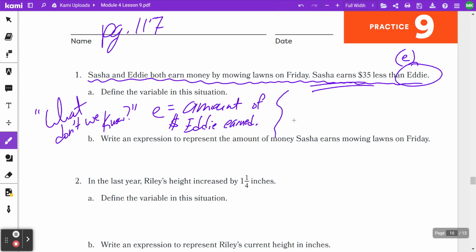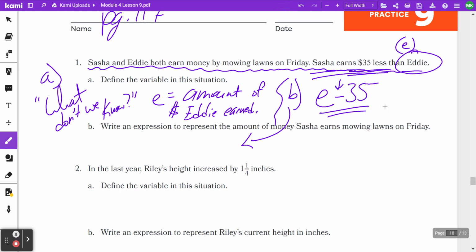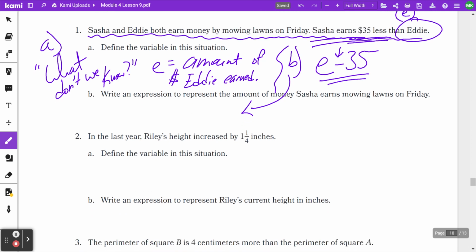And now we can actually cruise on over to the expression part. So I'd like to put a little a for this area, a little b for this area. But actually, the b belongs down there because they're going to ask that. So what am I going to then do to e? Am I going to add? Am I going to subtract? Well, if Sasha earns $35 less, I'm going to take $35 away. So that is subtraction once again. Okay. We need something other than subtraction.